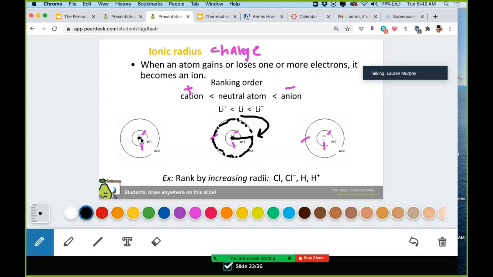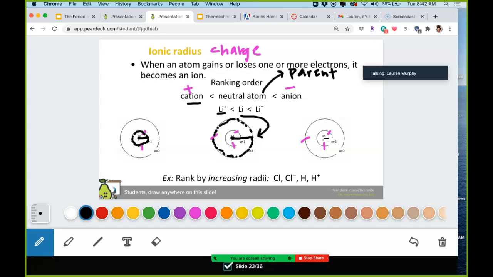My radius only now goes out to here because now there's only electrons in this shell. There's no electrons in that second energy level. This is called the parent atom, meaning the original one. The cation's always going to be smaller than its parent, okay? Because you lose an electron, so the radii shrinks. So the cation is small.